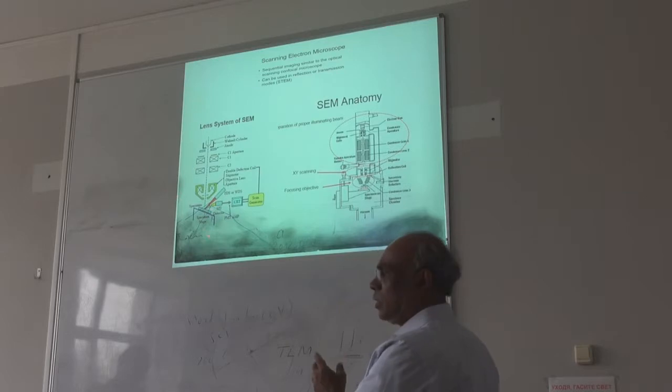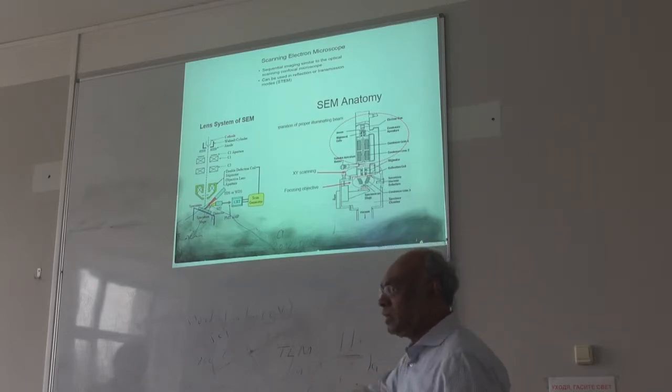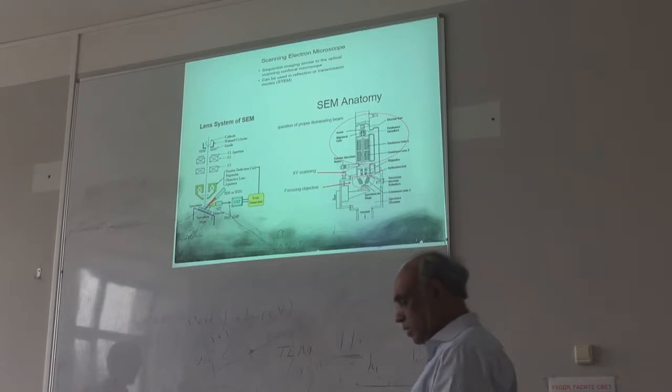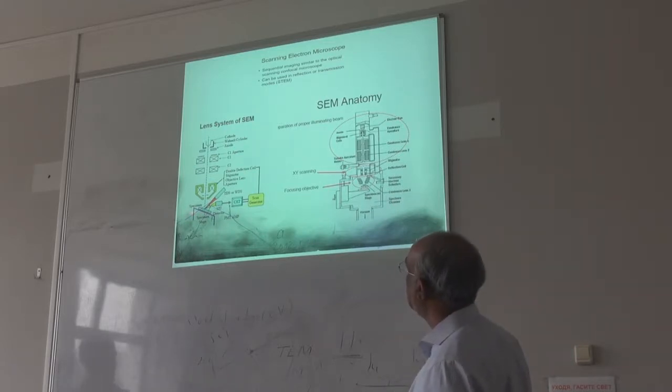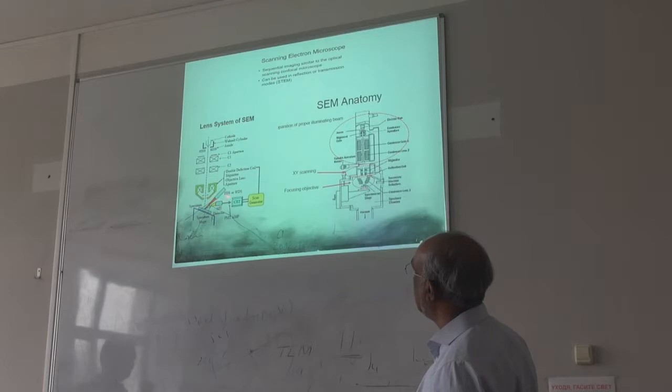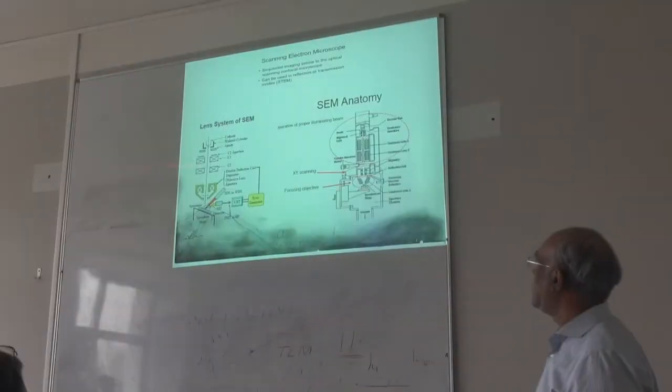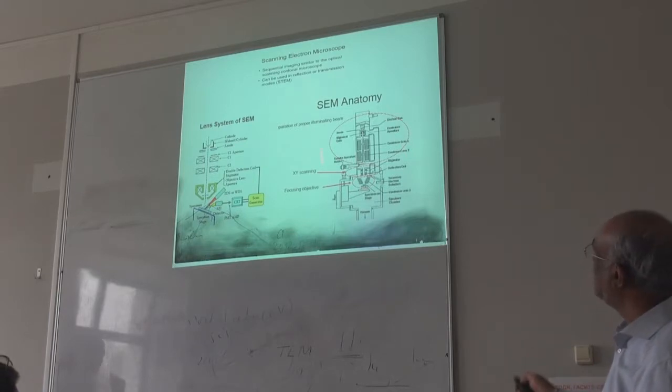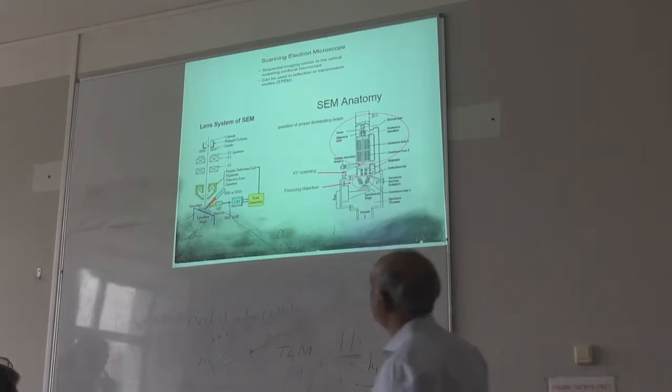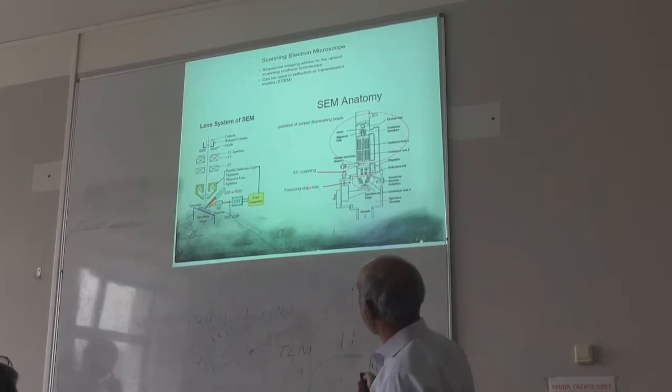In the SEM, this electron beam is scanning. Then you can take the scattered signal using a detector and generate the image. This shows all the components. The important thing is this scanning.